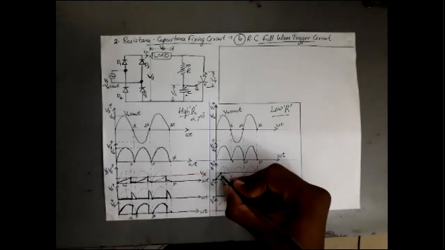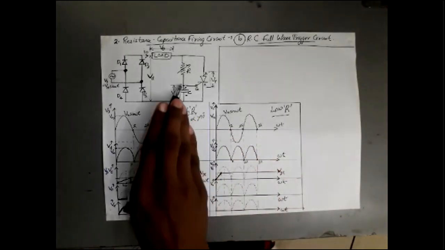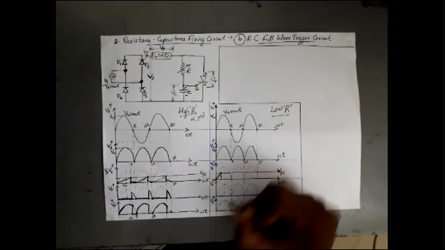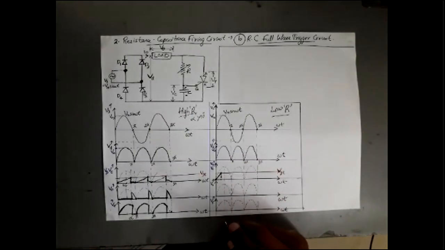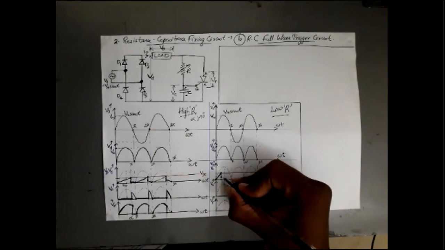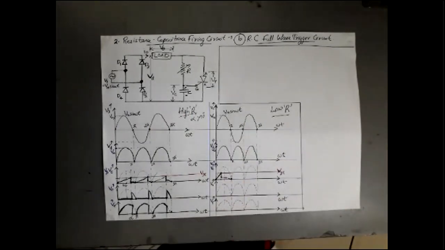Now at this point, alpha, my thyristor starts conducting. So voltage across my capacitor reduces to a very low value near to zero. As in the previous case, again, no voltage appears across my capacitor. So my capacitor starts slowly discharging, and up to pi, my capacitor will be discharging and capacitor voltage becomes zero.